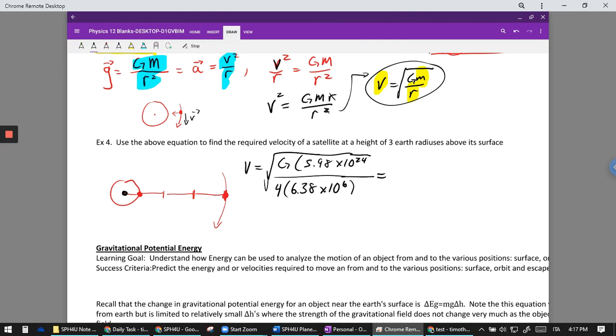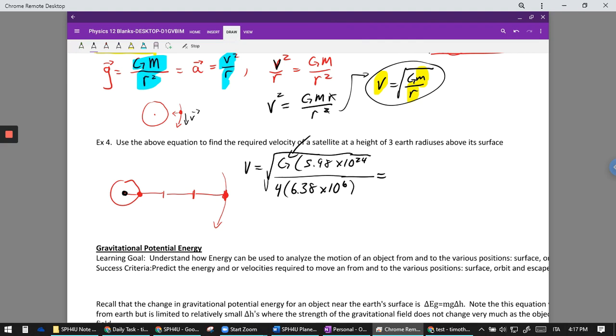And that is going to be my orbital velocity, right? And then obviously this G is 6.67 times 10 to the negative 11.